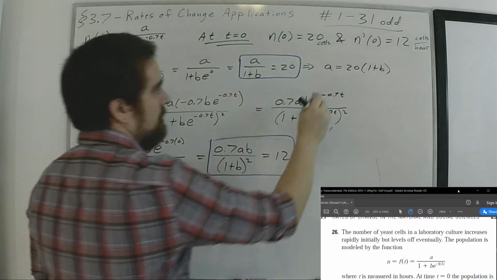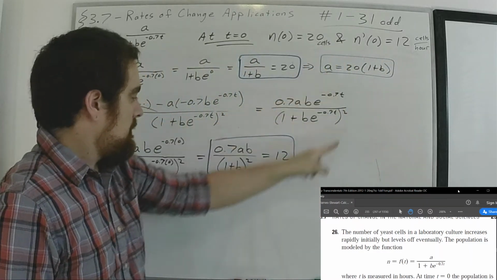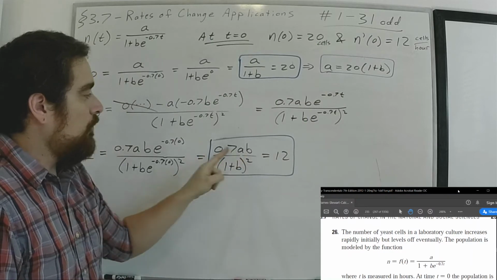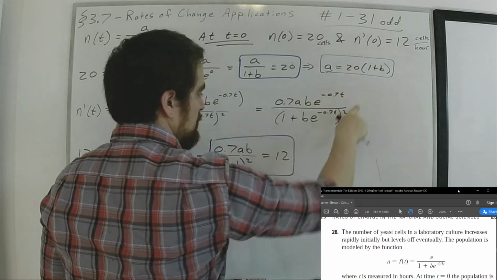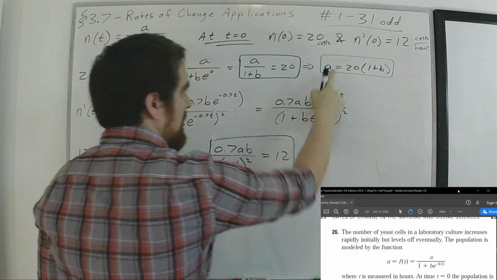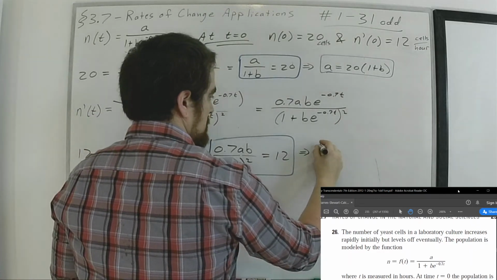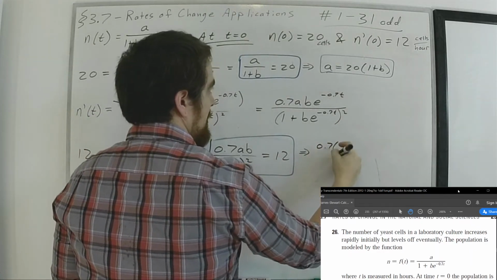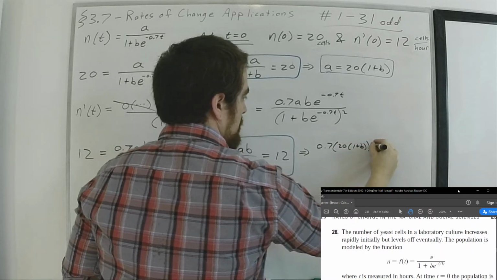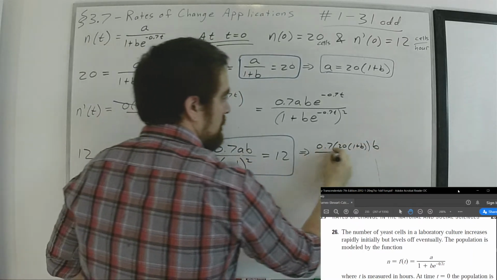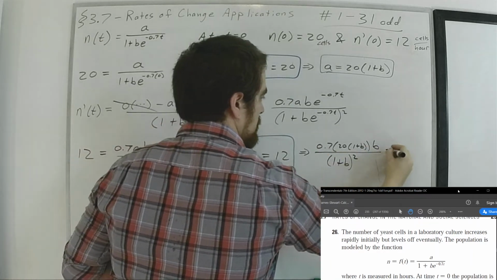That's a good piece of information to have, because then I can steal this a and plug it in here, and then I only have b to solve. So I'm doing a substitution here. If a has to be 20 times the quantity 1 plus b, then this is going to be 0.7, here's a, 20 times the quantity 1 plus b, times another b, divided by 1 plus b squared is equal to 12.